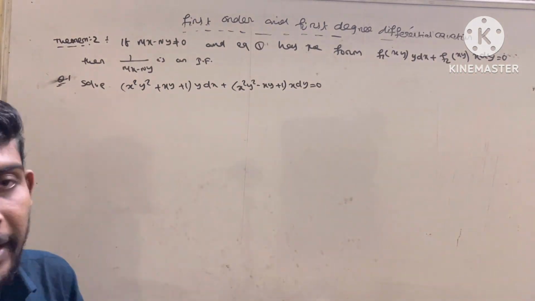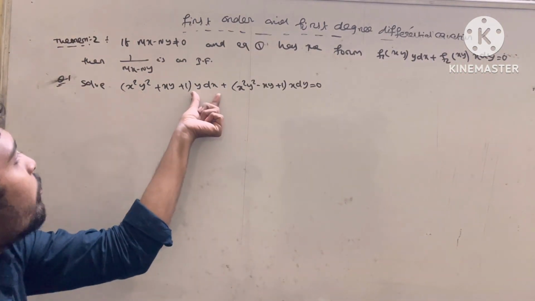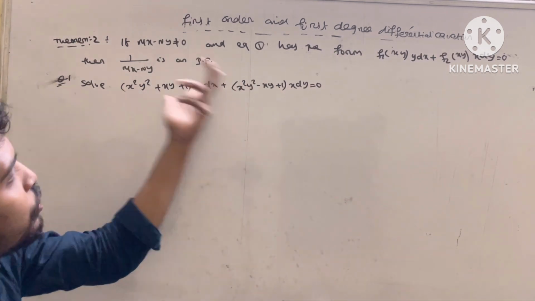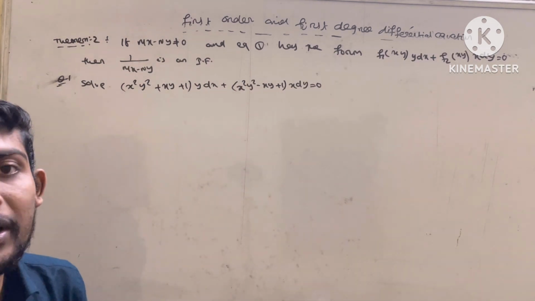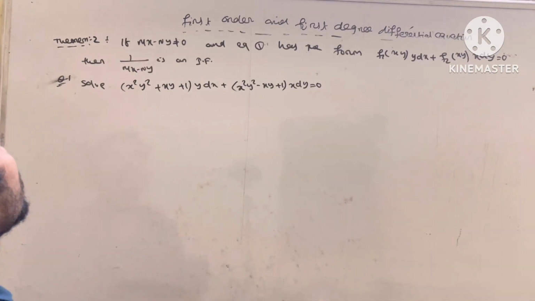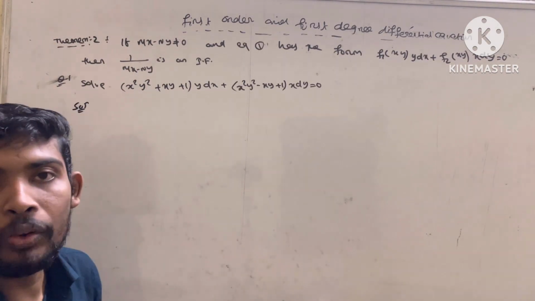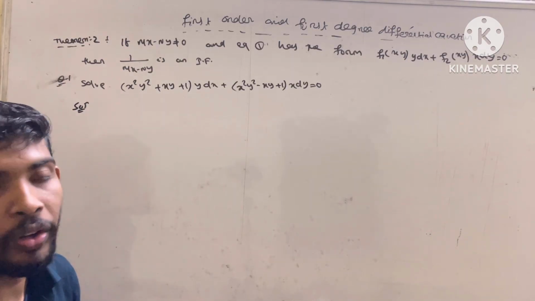So now let's take an example here. Look at it, y dx and x dy are there, so this is actually in that form. First of all, you have to check that the given differential equation is not exact. You can check it roughly here that the given differential equation is not exact.